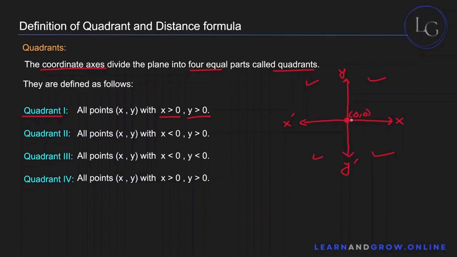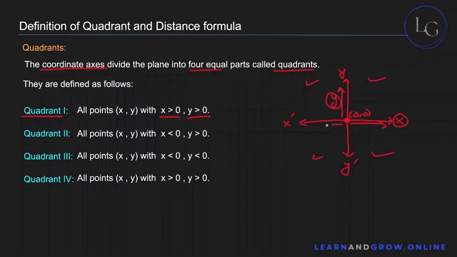So it's the center point of all the x's. So if you look at this origin over here, all values to the right of the origin have positive x values. All values above the origin have positive y values.